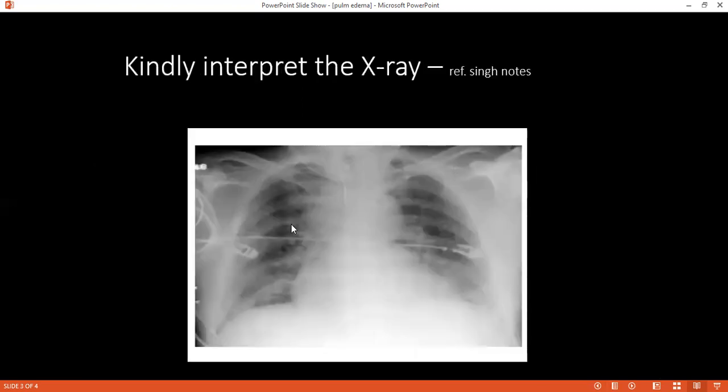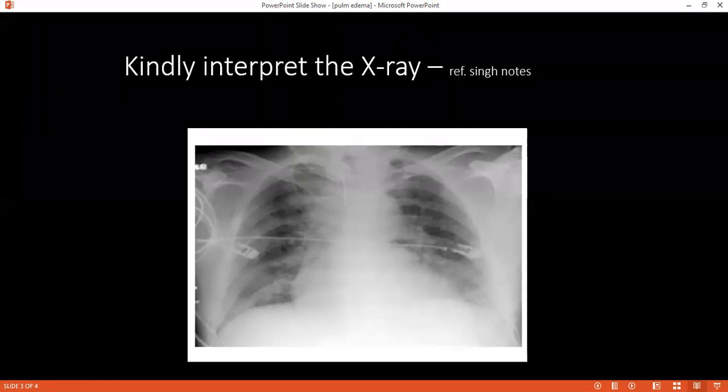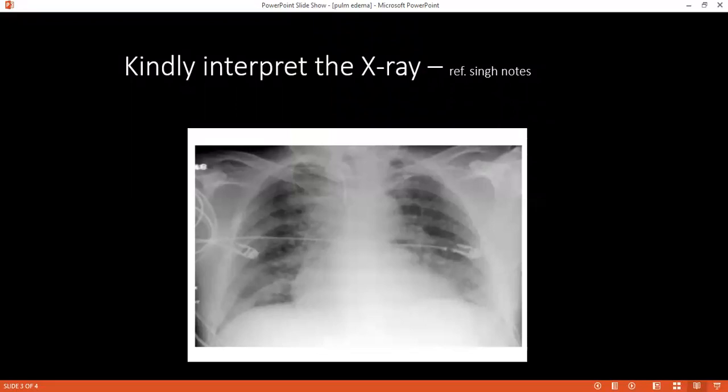Can you please help me read the X-ray? Yes, ma'am. In the given patient's X-ray, there is opacity seen in the bilateral lung parenchyma. There is definitely cardiomegaly, and also an obliteration of the cardiophrenic angle. ECG leads have been connected.